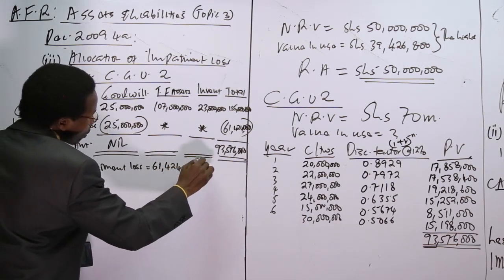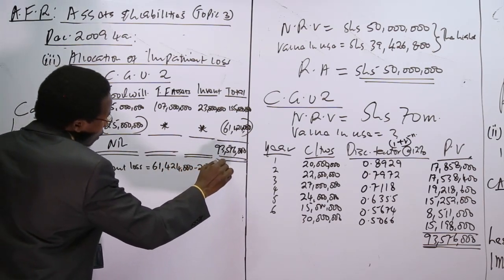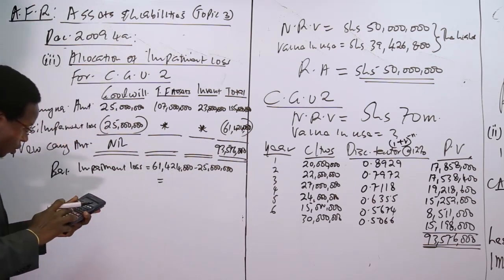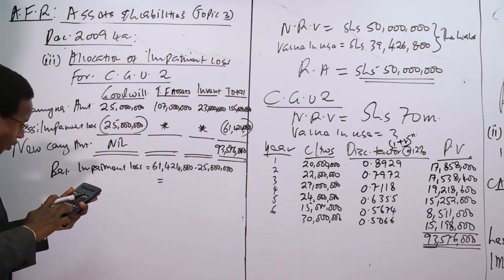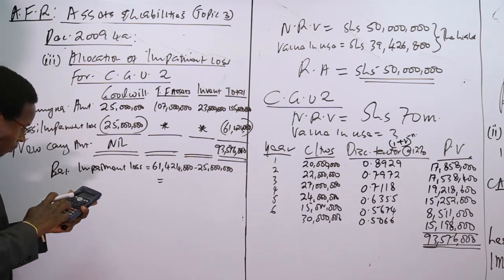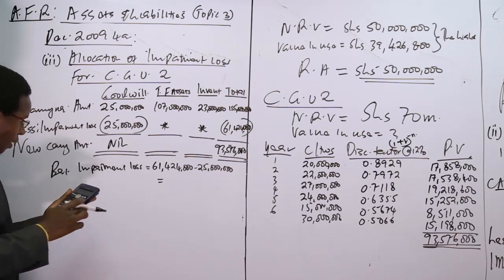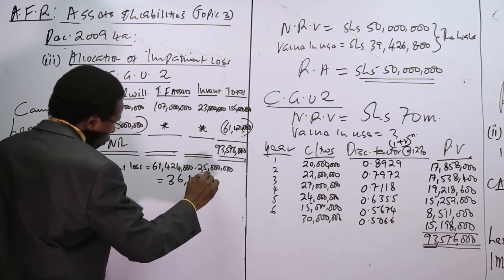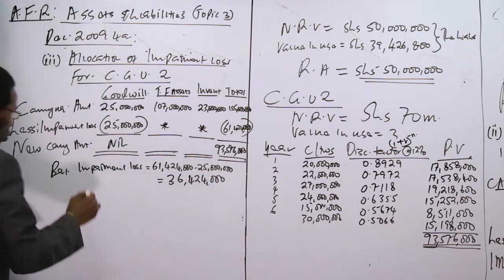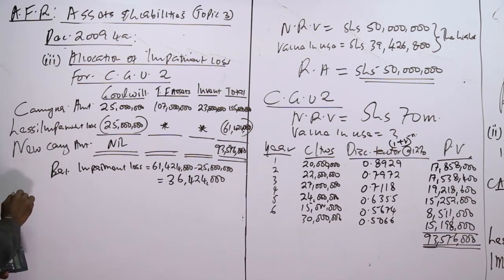You subtract the 25 million. So how much will that be? We are remaining with the 36,424,000.